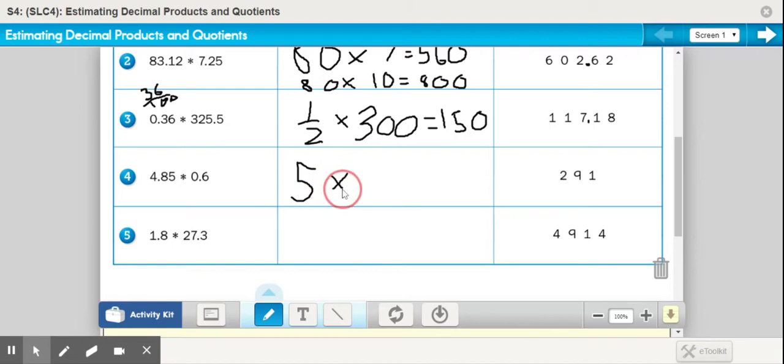Times, and this one again, you could have 2 different options, but 6/10. We could make it go to a half because it's pretty close to a half. 5/10 is half. Or we could just say it's close to 1. Because if we round it up, that 6 would make the 0 go up to 1. And then that makes it a super easy fact. 5 times 1 is 5.